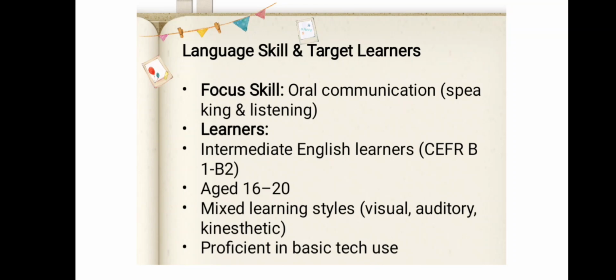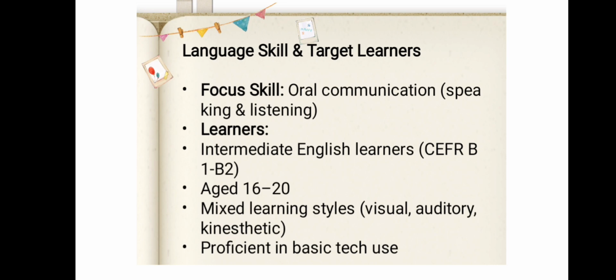Now let's have the language skill and target learners. This collaborative online experience focuses on enhancing oral communication in English, specifically speaking and listening. It's designed for intermediate level learners aged 16 to 20 who are already active users of Instagram, WhatsApp, and YouTube.